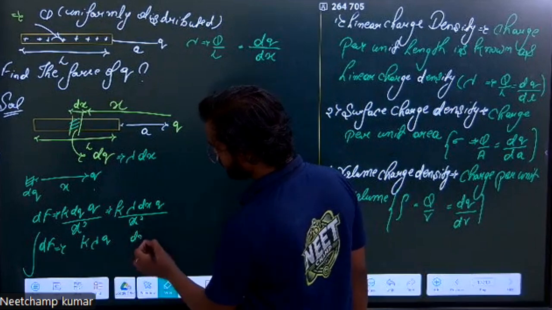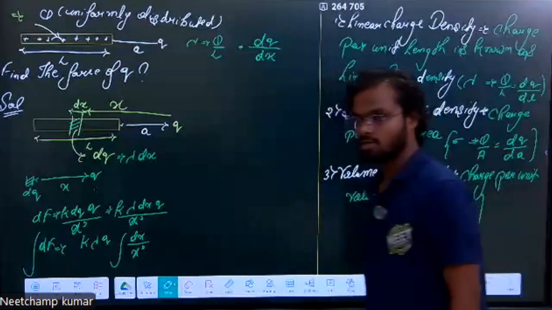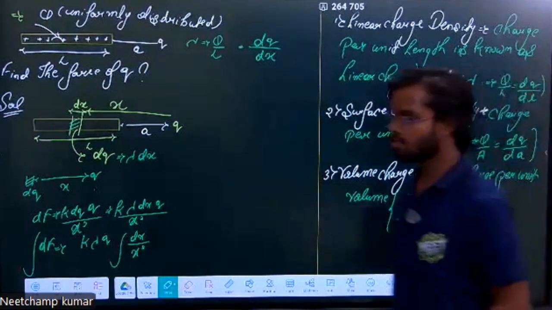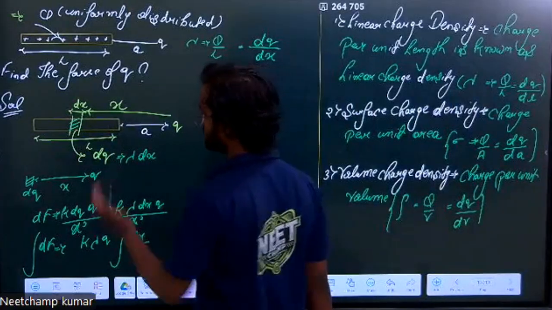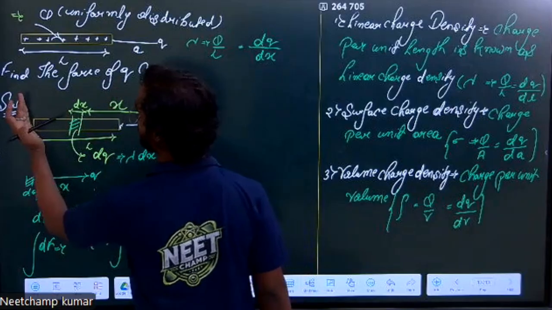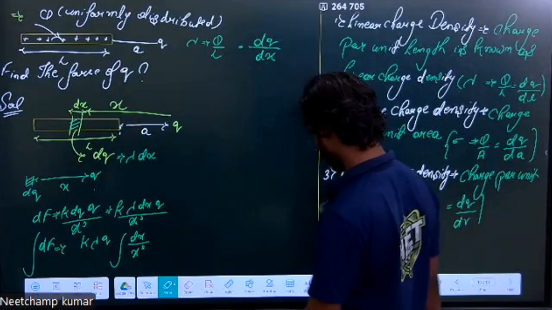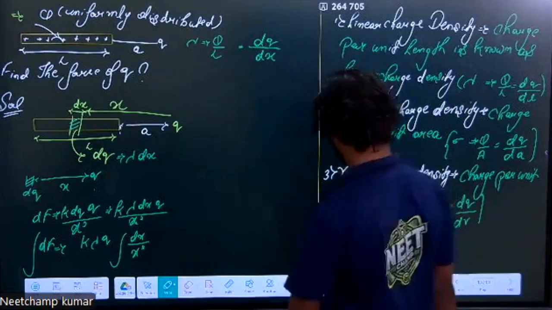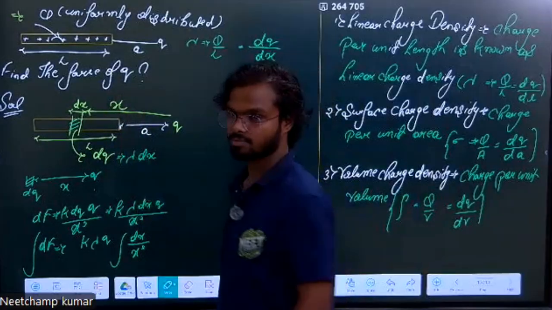The variable is dx upon x square. Now we have to find the limit of x, from where x is varying. Basically, we are integrating for the length of this rod. The rod starts from this point and goes from here. At this point, what is the value of x?